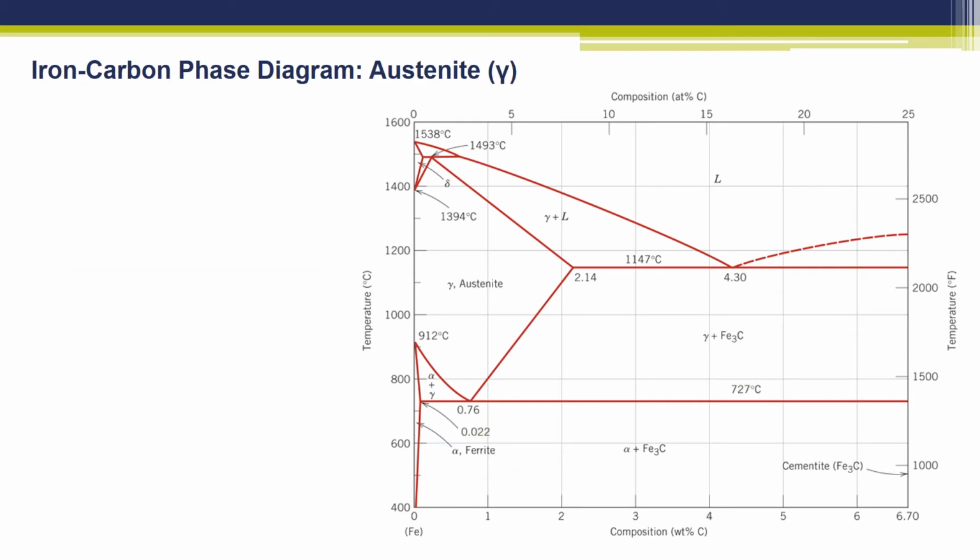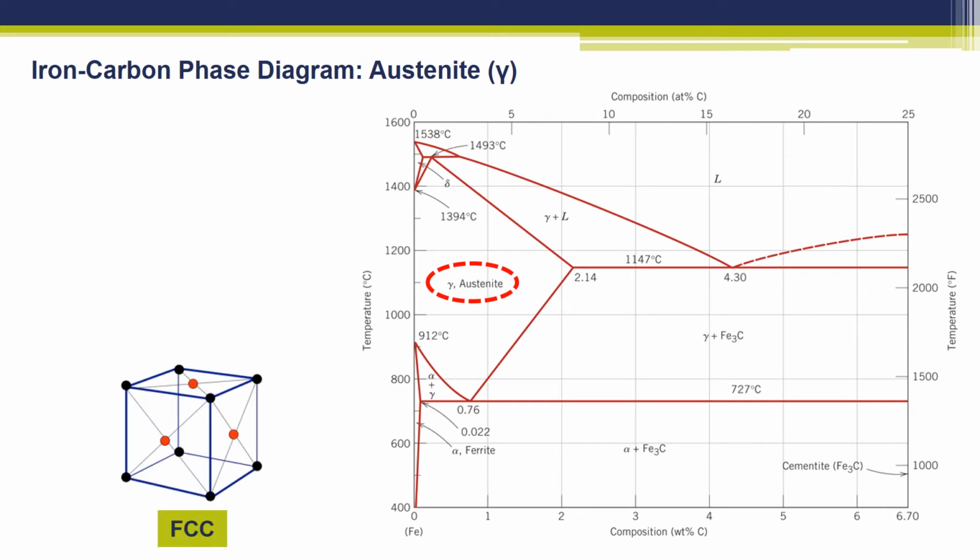The maximum solubility of carbon in austenite, or gamma ferrite, with FCC crystal structure is 2.14 weight% of carbon, and it occurs at 1147 degrees Celsius.